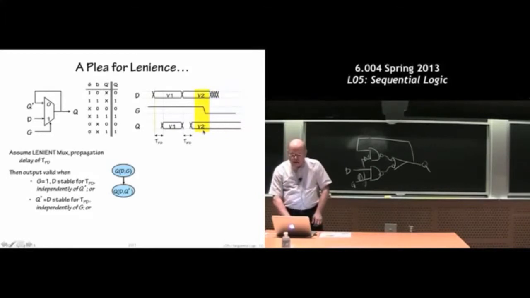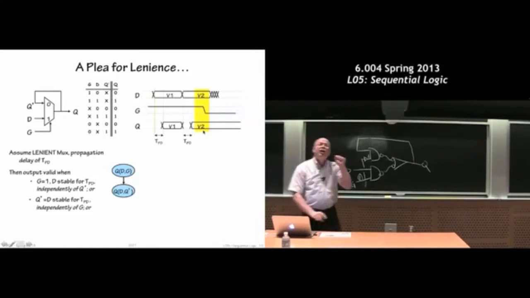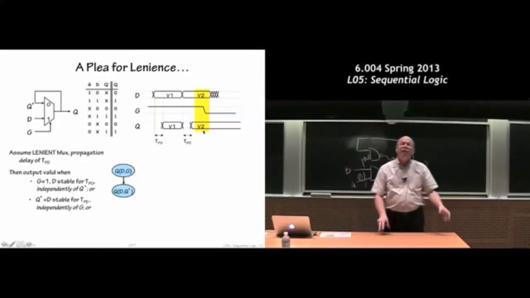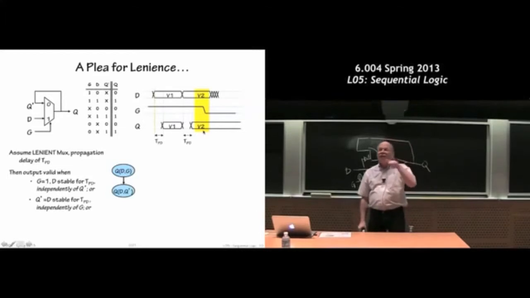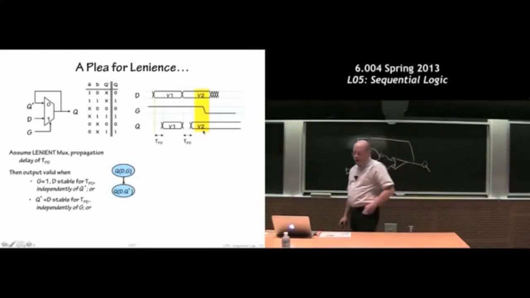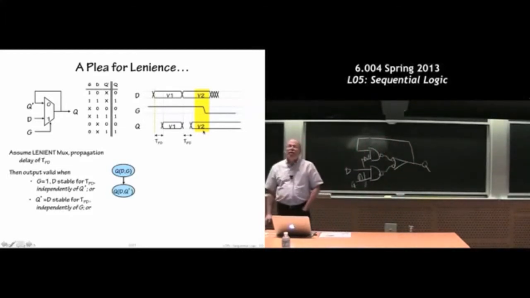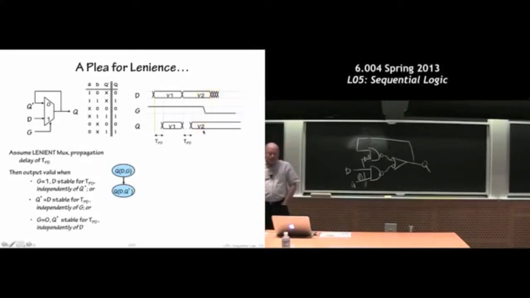When both D and Q prime, or Q, are stable, we can change G without the output changing. That's what it would mean for the latch to be lenient, that mux to be lenient. It's a key thing, right? We've had to do some careful engineering to make this happen, but having done the careful engineering, we can safely let this cycle in our circuit do its job, which is to be our memory.